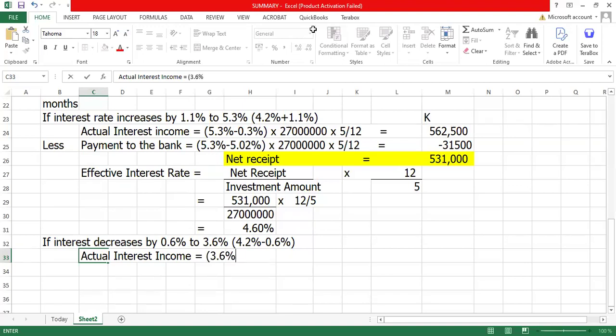Then you remove the basis point, which is 0.3%, for you to know the actual income you're going to get. So times the amount of money you invested, then times for how long? 5 out of 12. What do you get?